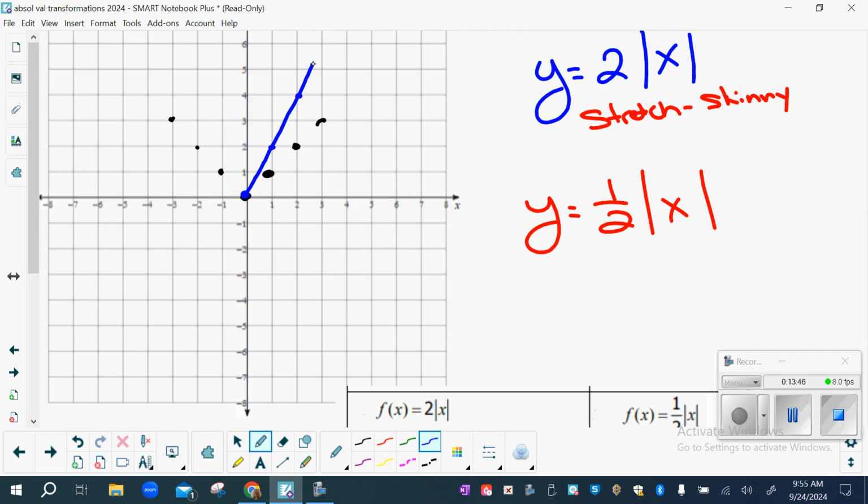He gets super, super skinny. Right? The bigger the number, the skinnier it gets. If it was 5, it'd be going up 5 over 1. It gets super skinny. If it is a fraction, it's called compression, right? And you know what it's doing? It's squishing this guy down.